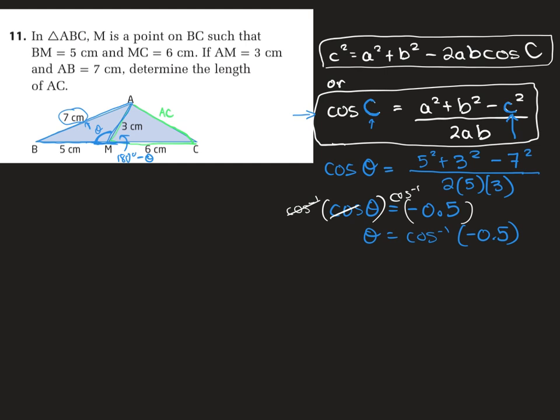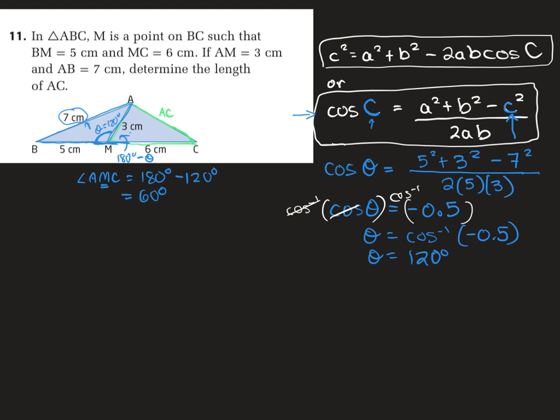Then second cos of that answer would be 120 degrees. So we know this angle I called theta at angle M is 120 degrees, which means this other angle, angle AMC, contained by AM and MC, would be 180 degrees minus the 120 we just found, which gives us 60 degrees.